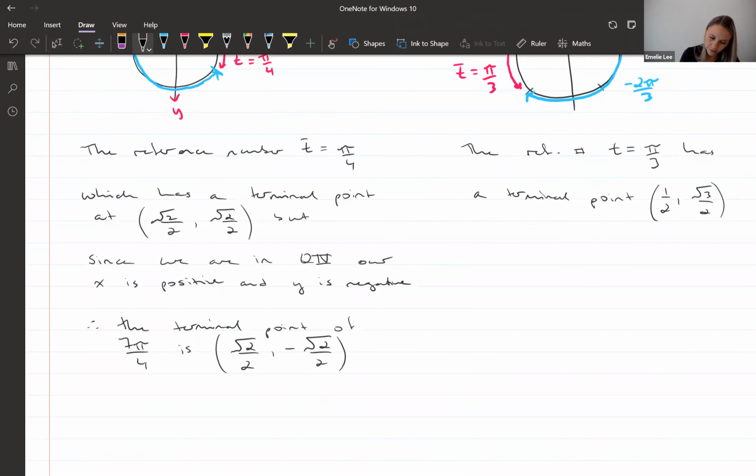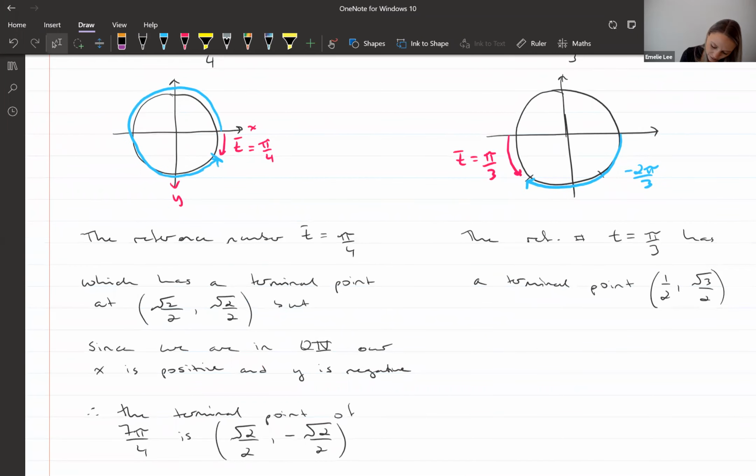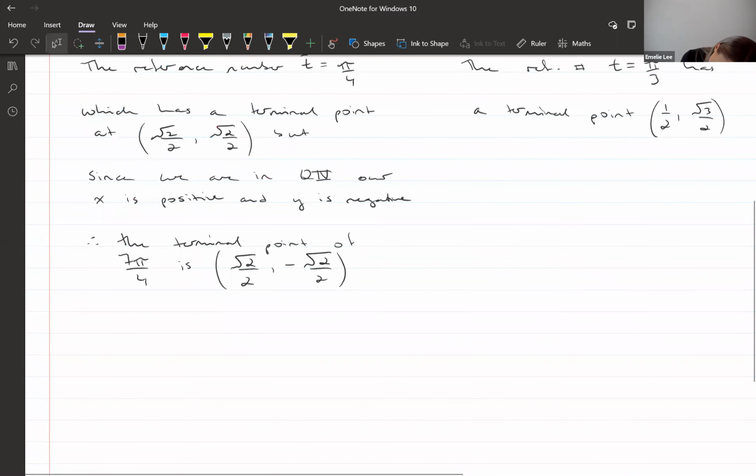Root 3 over 2. Okay, here we're in Q3. In Q3, both my x and my y's are negative. So in Q3, both x and y are negative.